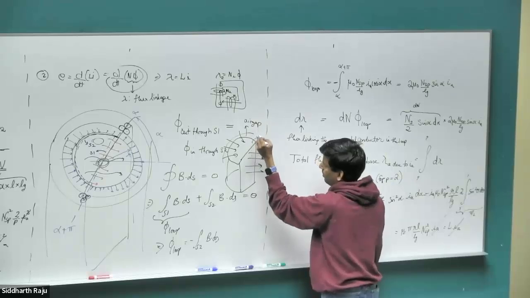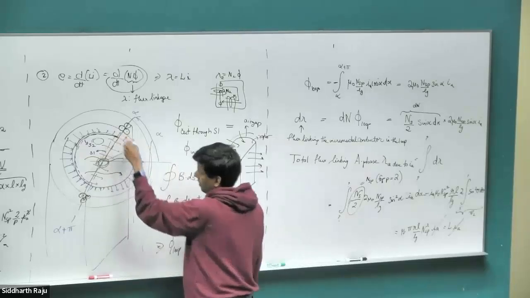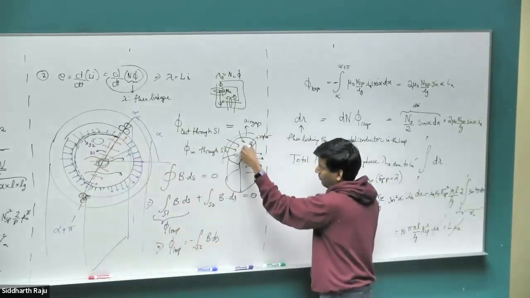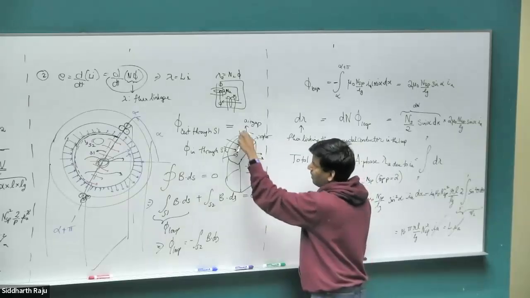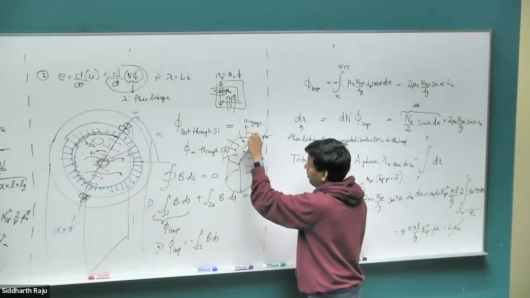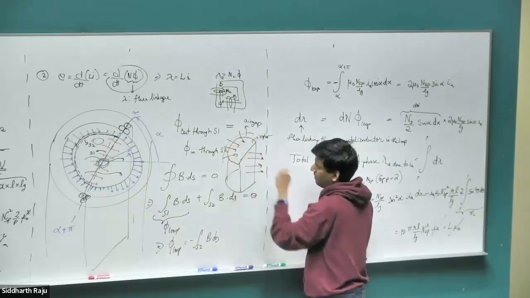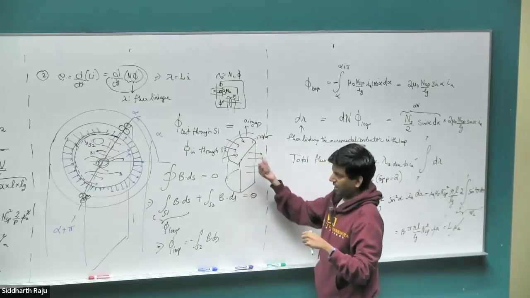This is the rotor, just half of the rotor. So this slice of the rotor alone we are visualizing. I cannot figure out what the B field across this section is, because it's quite a complicated picture. But I know exactly what the B field at every single point in the air gap is. So to figure out the flux, all I need to do is figure out the flux entering this semicircle. That will be the same as the flux leaving this rectangular surface that I have on this side.